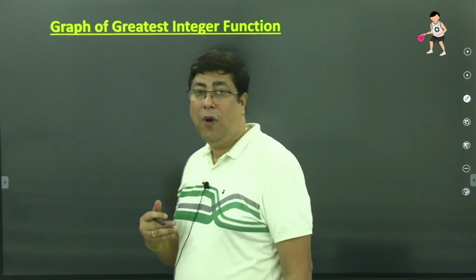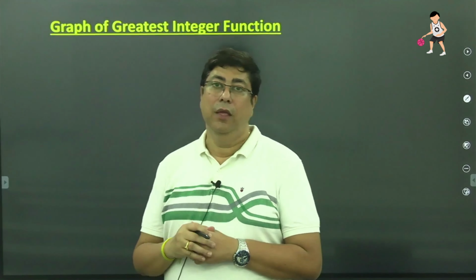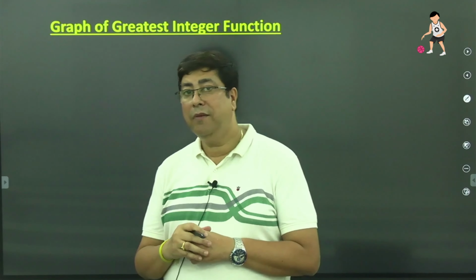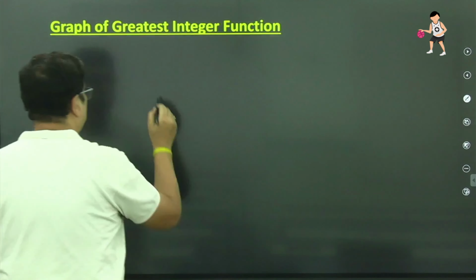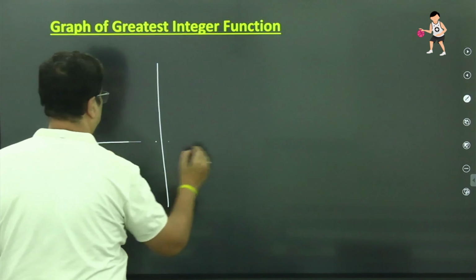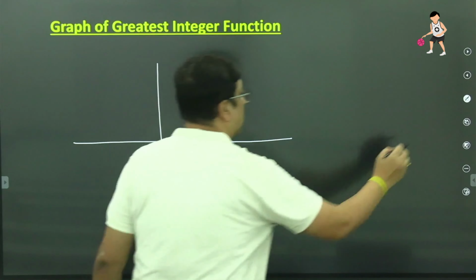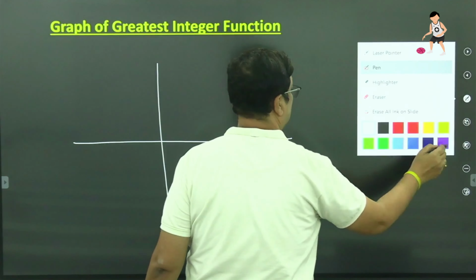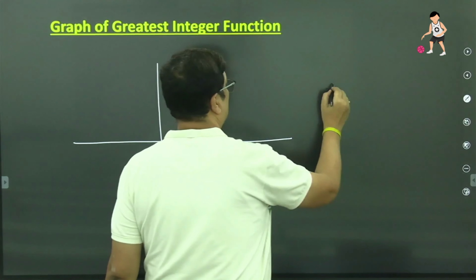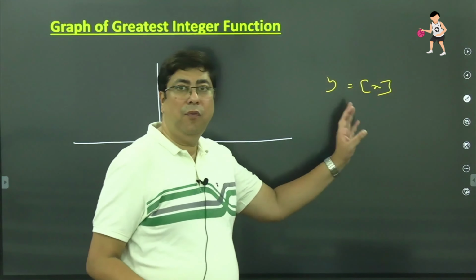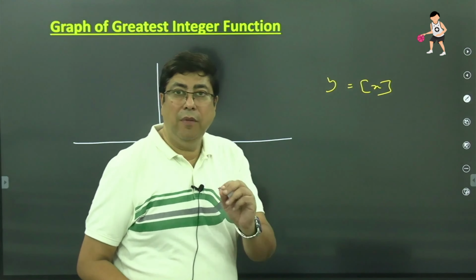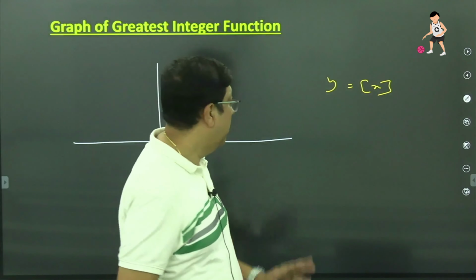So what will be the graph of the greatest integer function, and it is very important everyone just know and understand. First of all, y equal to box x. We are drawing the graph of y equal to box x, and everybody understand this properly.